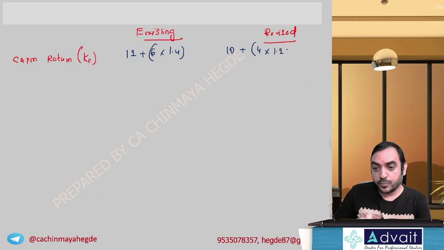So 1.4 into 6 plus 12 is 20.4, and 1.25 into 4 plus 10 is 15.